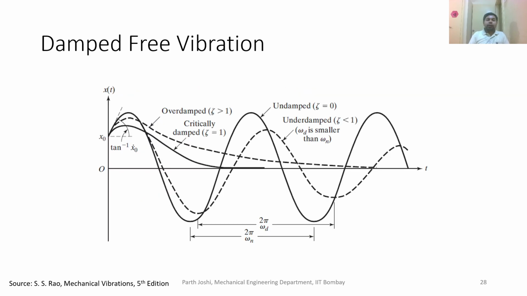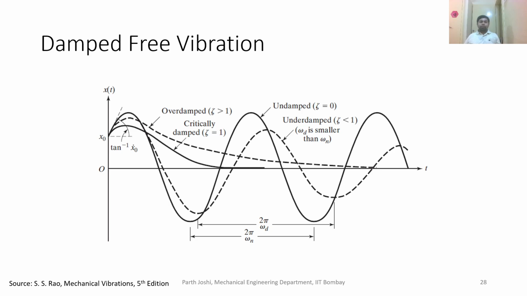Now if we want to compare what the response looks like for the different cases and for different initial conditions, this is the graph that you would find. In the undamped case, x varies with time with a sinusoidal nature, like a sine wave which is shifted in time because of the phase difference.